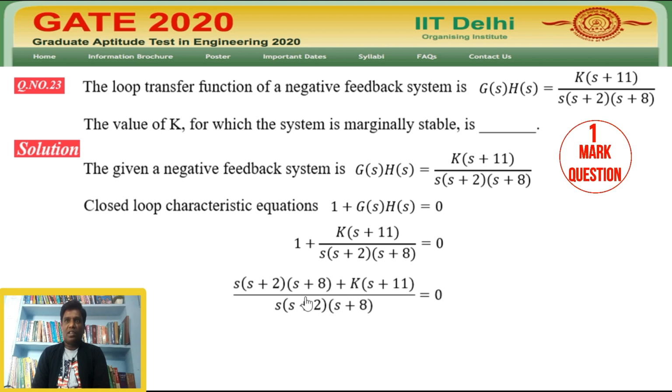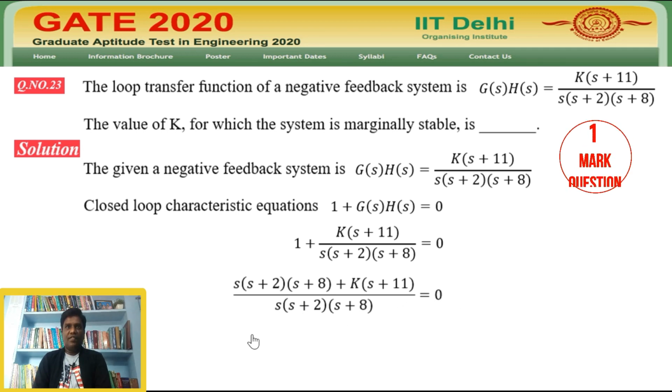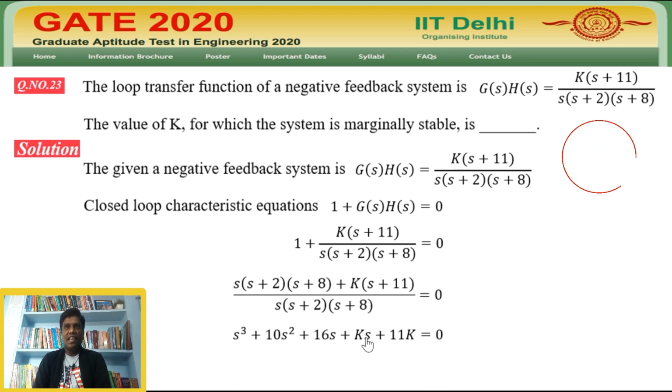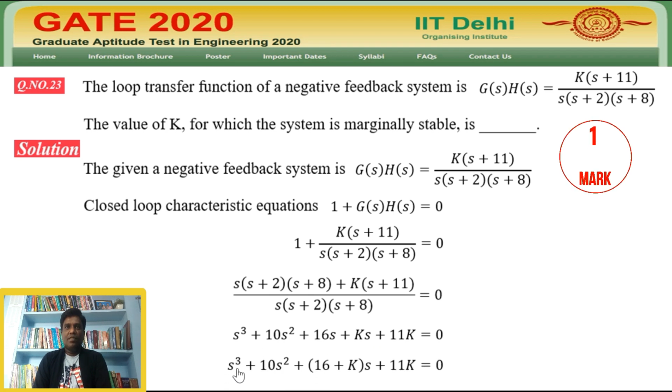After that, the equation will be s^3 + 10s^2 + 16s + Ks + 11K = 0. Next, take the common term s in the third and fourth terms. Then the equation will be s^3 + 10s^2 + (16 + K)s + 11K = 0. So, this is the required characteristic equation of the loop transfer function of the negative feedback system.